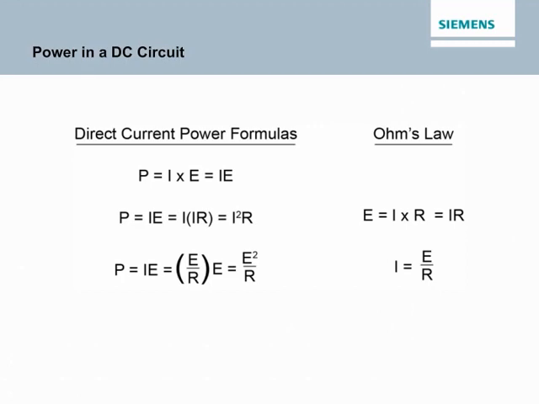Because E equals I times R, IR can be substituted for E in the P equals I times E formula, and the result is P equals I squared times R. Because I equals E divided by R, E divided by R can be substituted for I in the P equals I times E formula, and the result is P equals E squared divided by R.